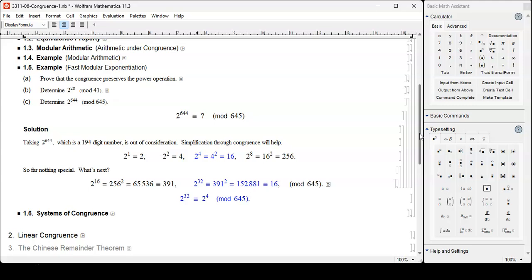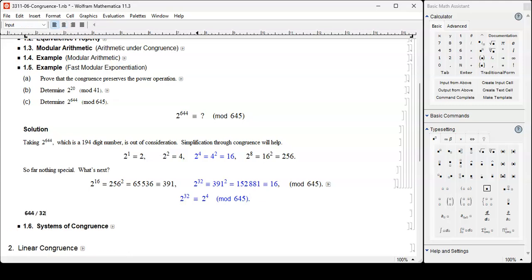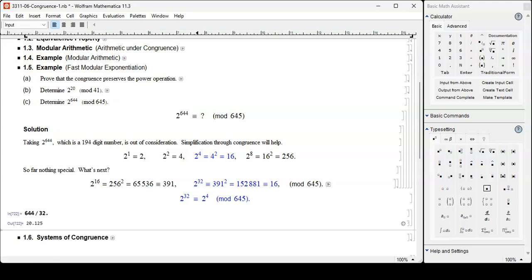Well, one way to do that is to use the division algorithm, so let's try that. So 644 divided by 32, 20 point something, so 644 is 20 times 32 plus some remainder, so the remainder is 4.